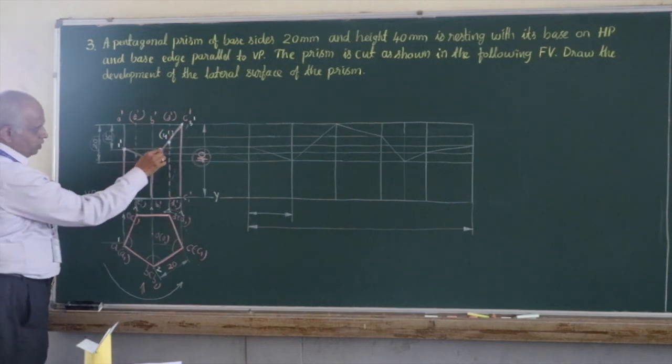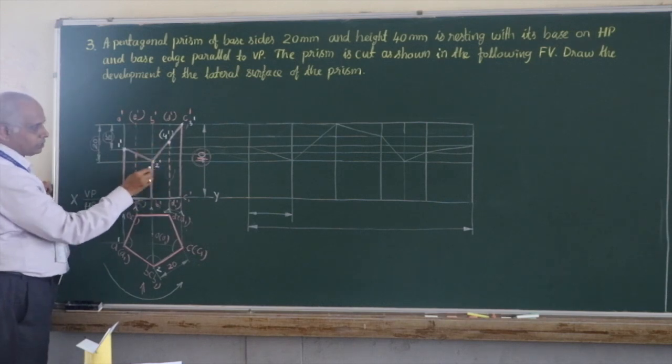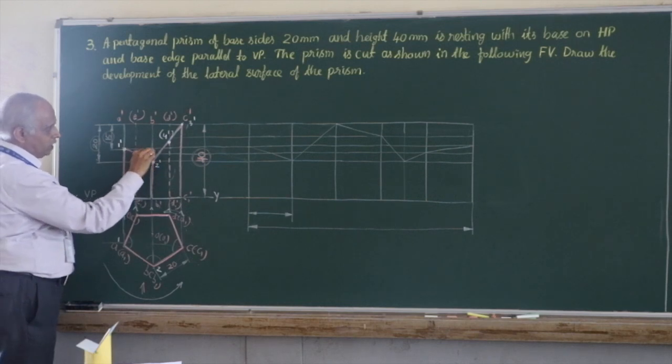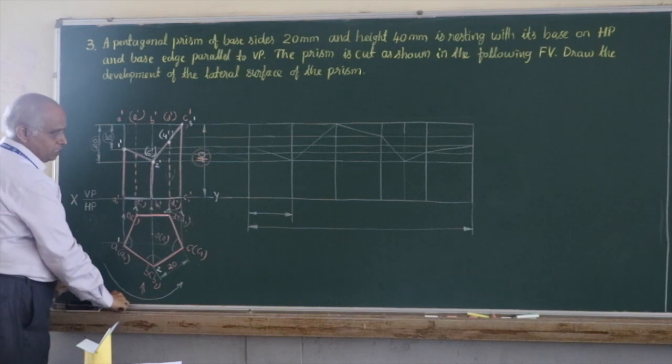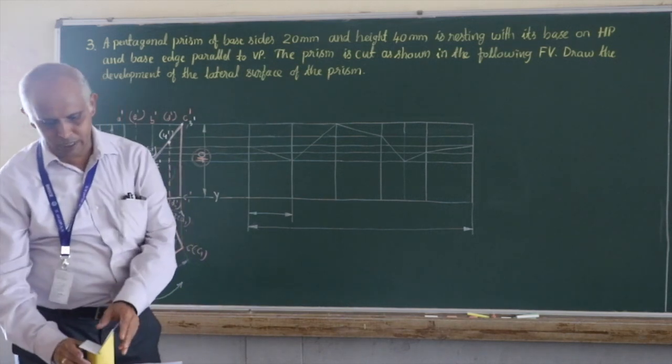Now as you come down here, there is only one vertical edge here, but still there will be 2 section points, because whenever 2 section planes meet, remember there will be 1 section point in the front and 1 section point in the back.